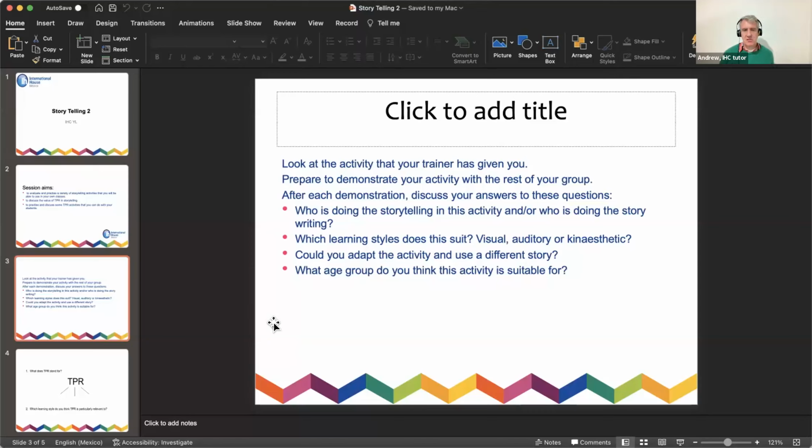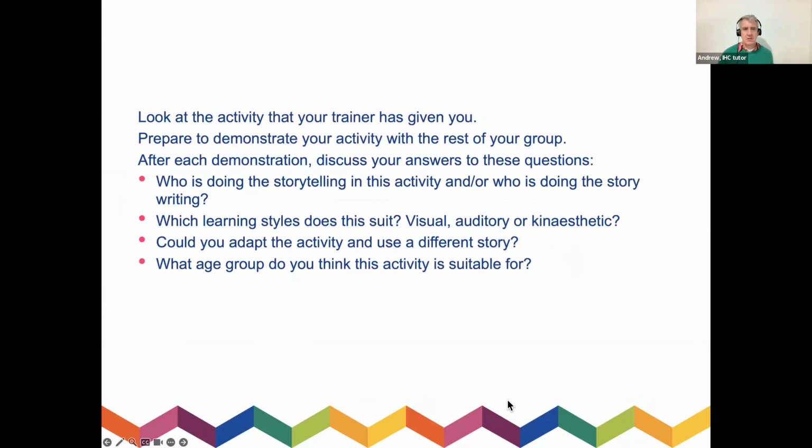After each demonstration, we'll discuss our answers to these questions. Who is doing the storytelling in this activity and who is doing the story writing? Which learning styles does it suit? Visual, auditory, or kinesthetic? Could you adapt the activity and use a different story? And what age group do you think this activity is suitable for?